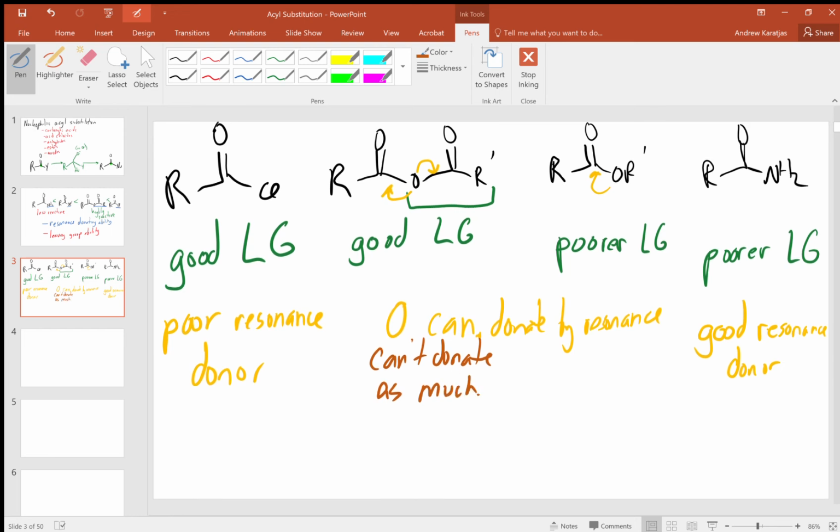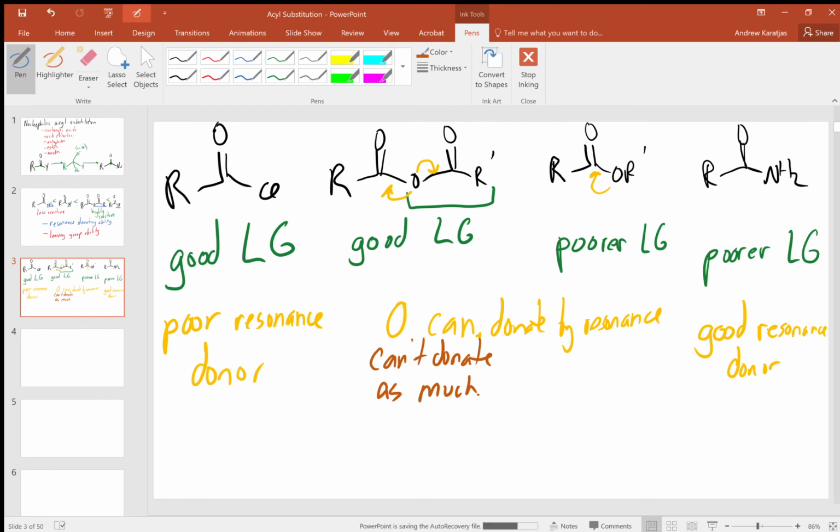And again, that's because there's a carbonyl on both sides of that oxygen, so it's going to be donating maybe not exactly equally, but relatively equally to both carbonyls, which decreases the amount it can donate to one of the carbonyls. That means that it's going to be a poorer resonance donor.